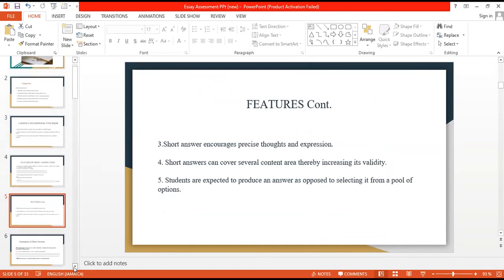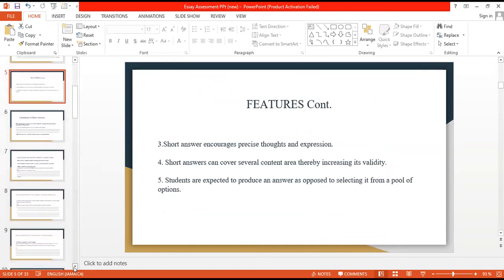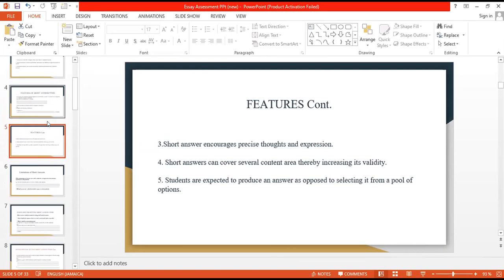I have questions. You said that, for instance, a short answer requires precise thoughts and expression. So in other words, we should aim for precise thoughts and expressions. How can we ensure that we are able to do that?